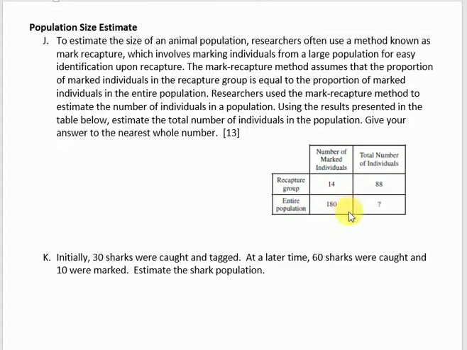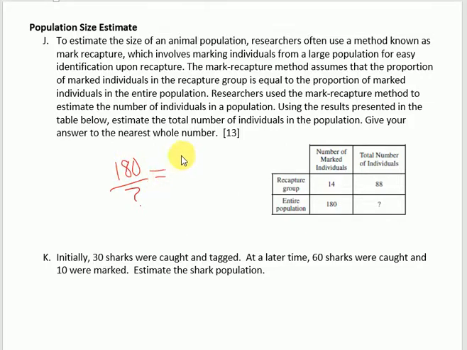So this shows you that they know that there was a population and then how many they recaptured. So we are going to find out the total number of individuals in the population. So we're finding this one right here. So we know that we are trying to find the population. So we started with 180. We do not know how much this is.